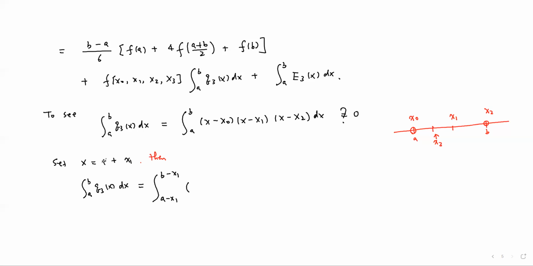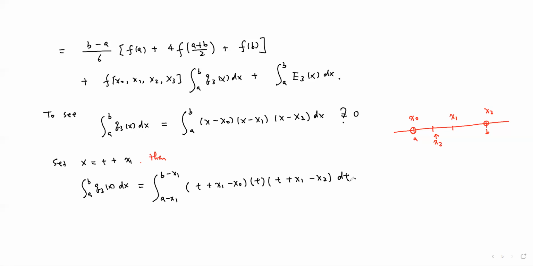Then plug in, so x minus x0 is t plus x1 minus x0, x minus x1 is t, and x minus x2 is t plus x1 minus x2, with dx equal to dt.